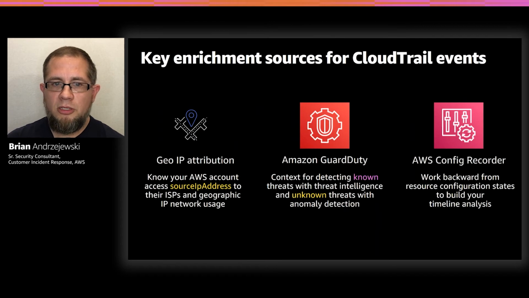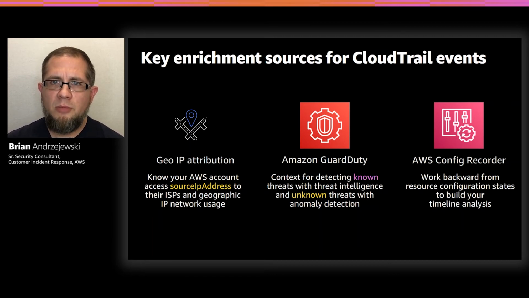Before we start that hunt, there are key enrichment sources for your CloudTrail events you can use to aggregate against these events. Typically, when I'm performing these hunts on a customer's behalf, I'm looking at GeoIP attribution, which is against a source IP address. That lets me know the ISP and any geographical IP network usage that can occur when it's a non-AWS IP address or an internal private IP.